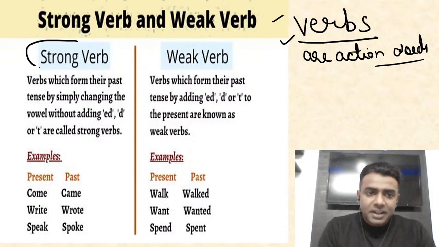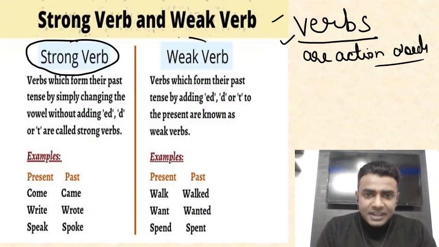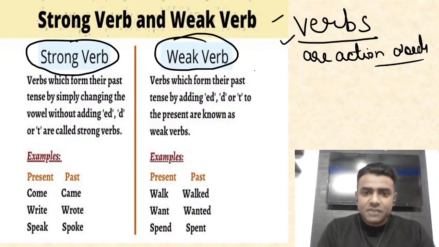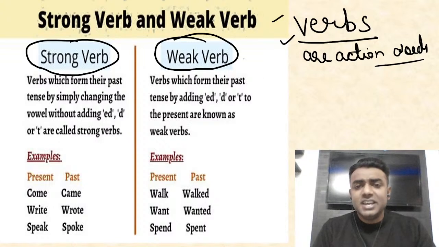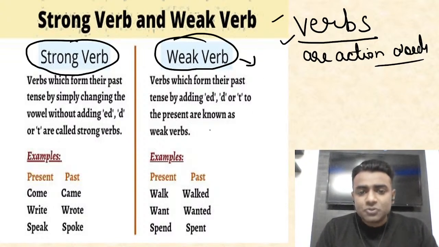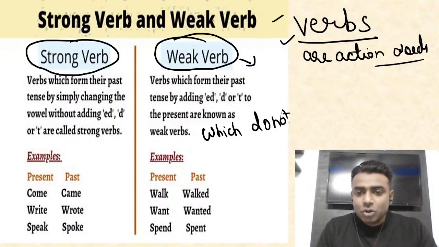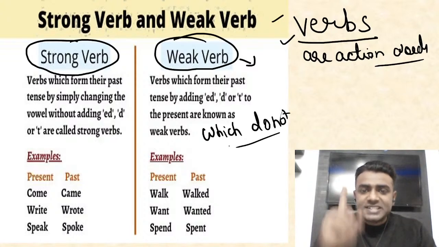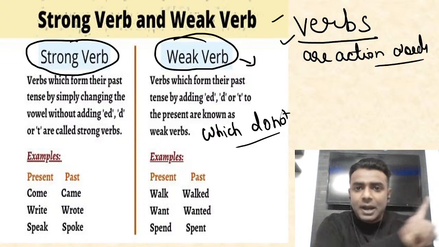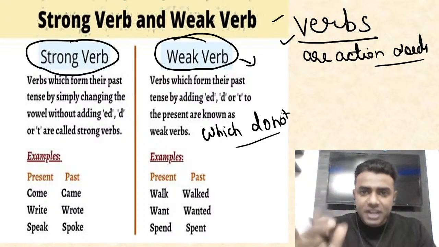Verbs can be divided into two parts, that is strong verb and weak verb. Very easy. Weak verbs are those verbs which do not change their form. That is, the second and third form of verb will never change in weak verbs.